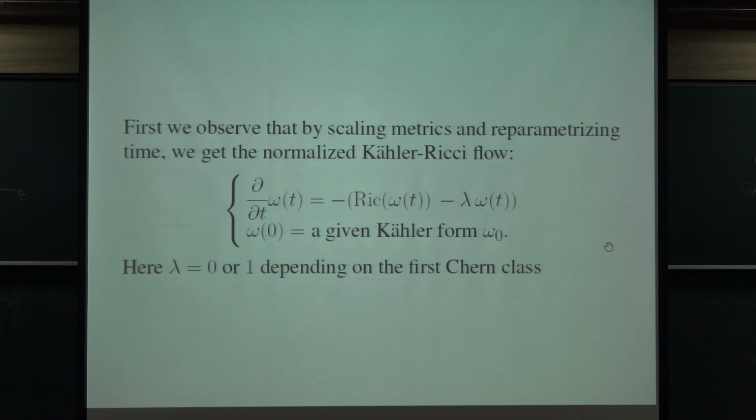Since I didn't say the dimension 3 case, let's emphasize here that this step in a sense is solved. First we observe that by scaling the metric and reparameterizing time, we can get a normalized Kähler-Ricci flow, where lambda is 0 or 1 depending on the first Chern class. It's some constant determined by the first Chern class. Basically we want to keep the volume bounded.